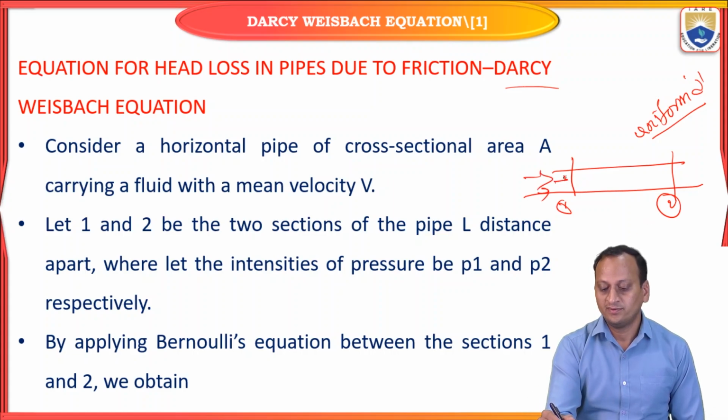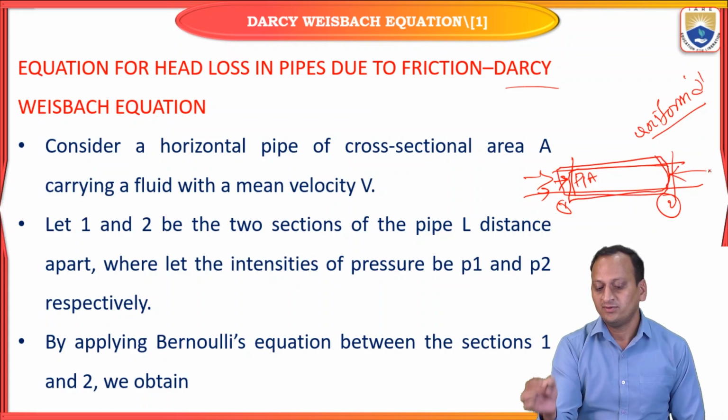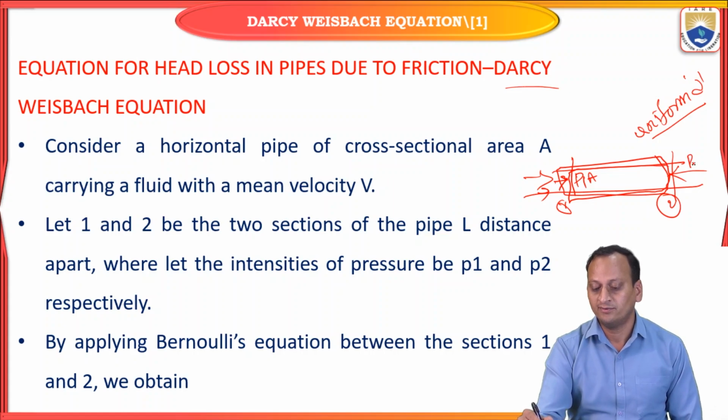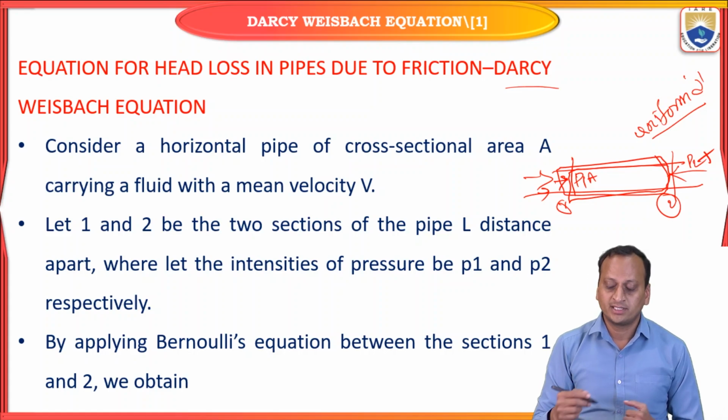The pressure force acting on section 1 is P1 into A. If you consider this as a control volume, against the flow direction, P2 into A will be acting. Towards the control volume, pressure force will always act.